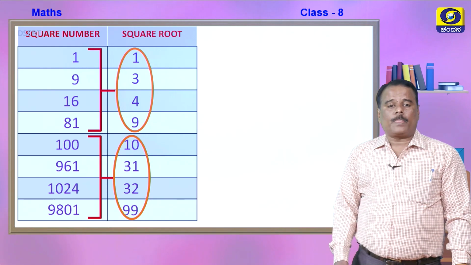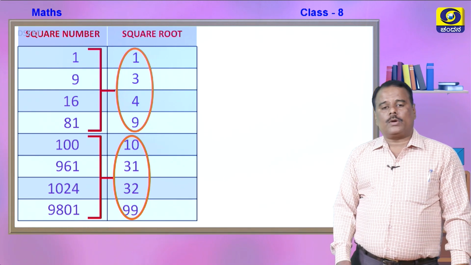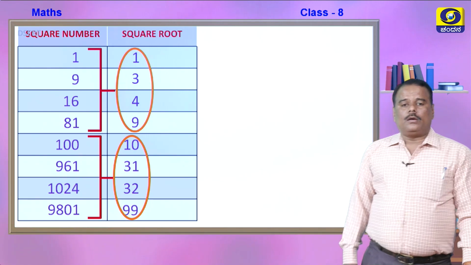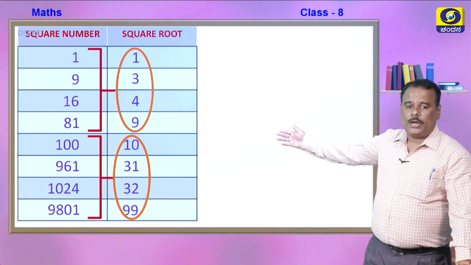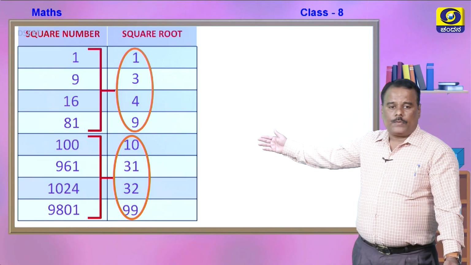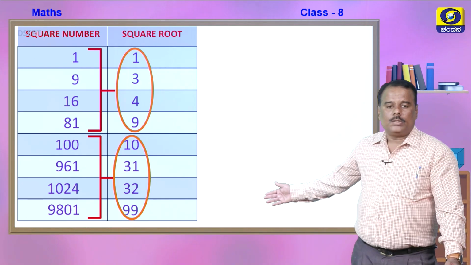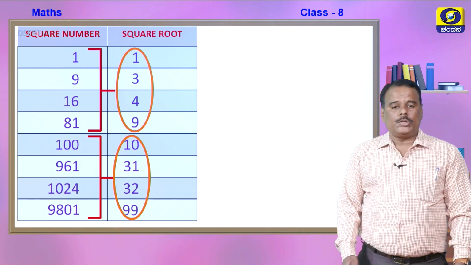Now, look at the smallest one digit perfect square number and the largest 2 digit perfect square number. Their square roots have only a single digit, whereas the smallest 3 digit perfect square number and the largest 4 digit perfect square numbers have square roots of 2 digit numbers.